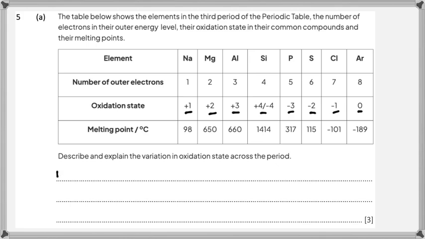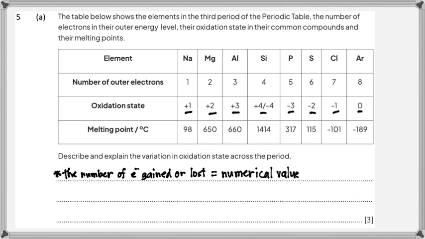The number of electrons gained or lost, or the charge on the ion, is equal to the numerical value of the oxidation states.